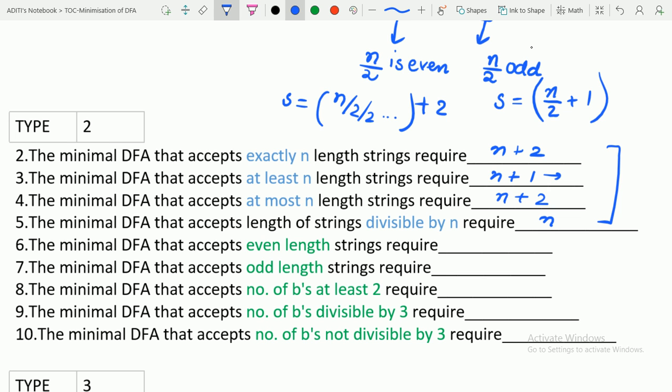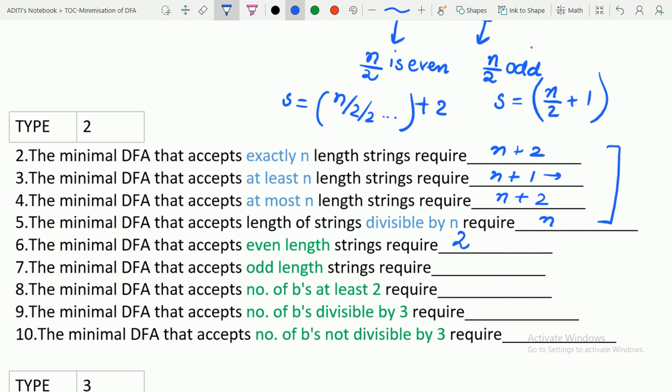Now the minimal DFA that accepts even length strings means divisible by 2. Using the formula that accepting length of string divisible by n requires n states, divisible by 2 will require 2 states. So we can say that accepting even length strings will require 2 states. Now for odd length strings, it depends on the number of states in the even length string.